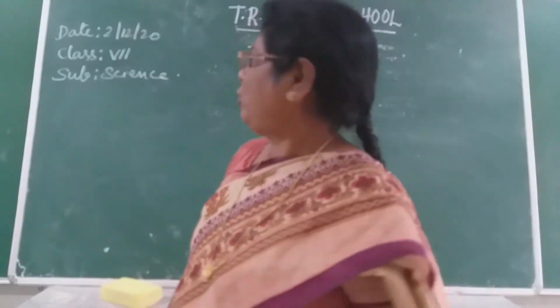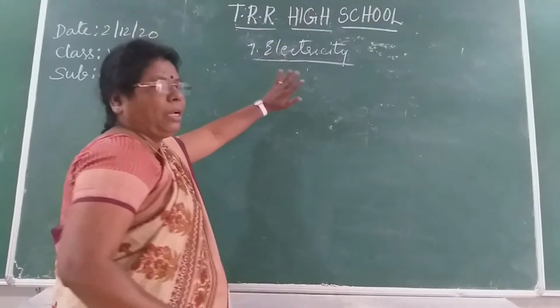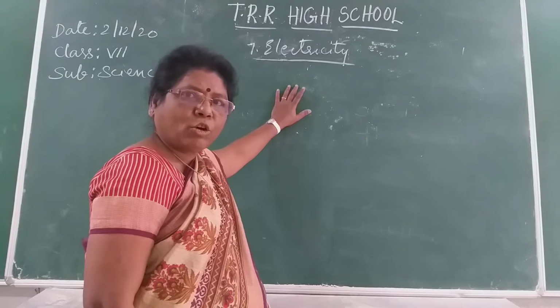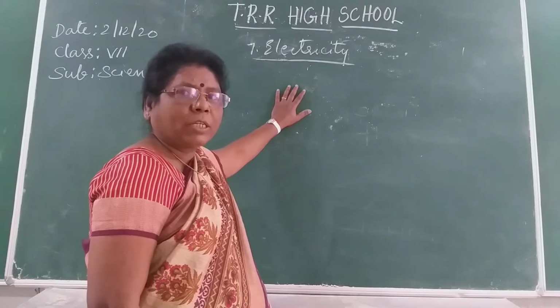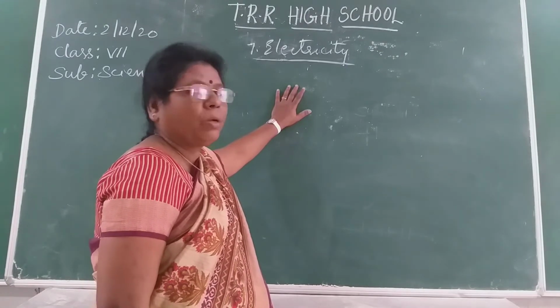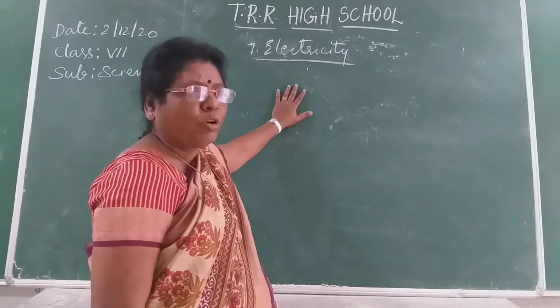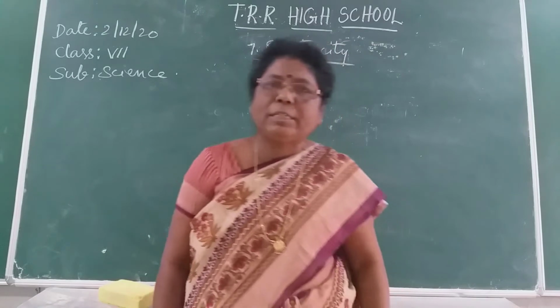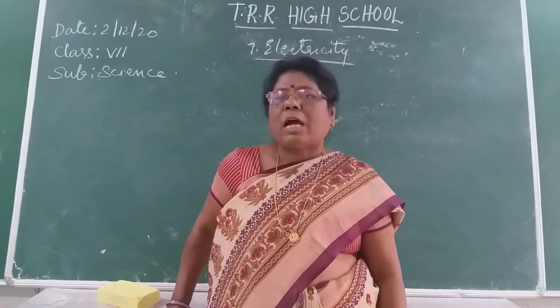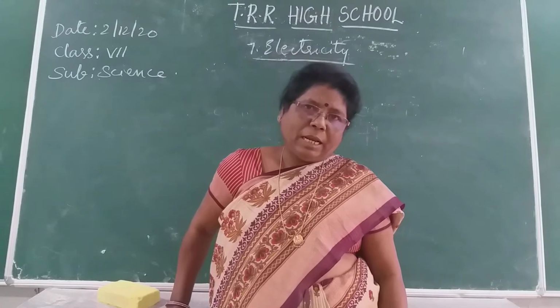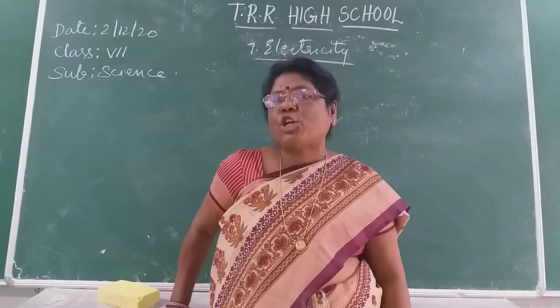So what I explained to you before is about electricity. I explained to you the working of a dry cell and what chemical materials are used for making the dry cell. The chemicals used in a dry cell are carbon rod, carbon powder, and ammonium chloride, and these are sealed in a zinc sheet.